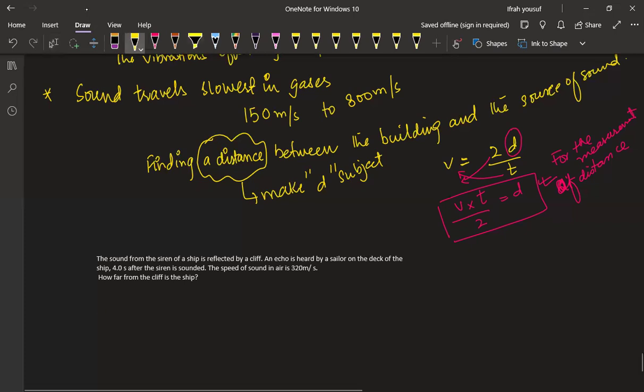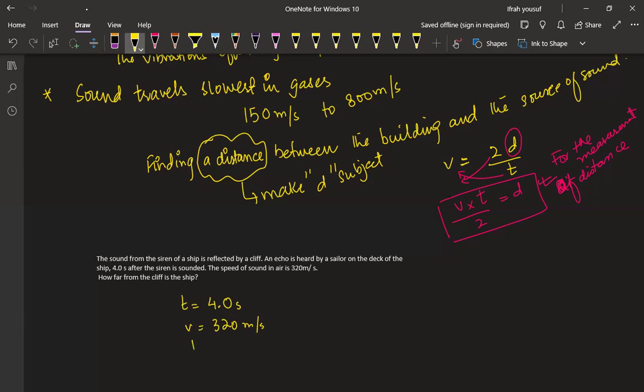Okay, let me calculate myself as well. Sound from the siren of a ship is reflected by a cliff. An echo is heard by a sailor on the deck of the ship after 4 seconds. So the echo time is given, that is 4 seconds. The speed of sound given here is 320 meters per second.